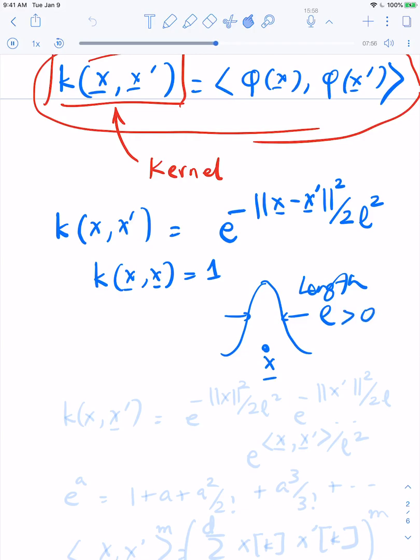And the bigger you choose L, the more of a spread you allow, and the smaller you choose L, the more tightly concentrated you are around the point x.